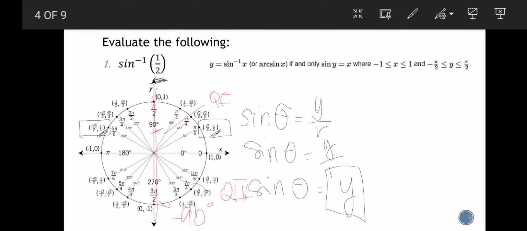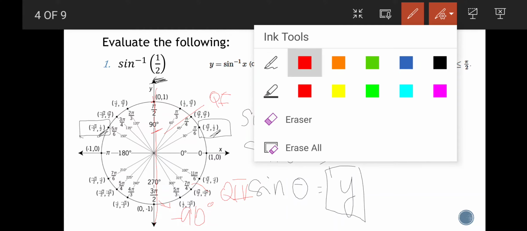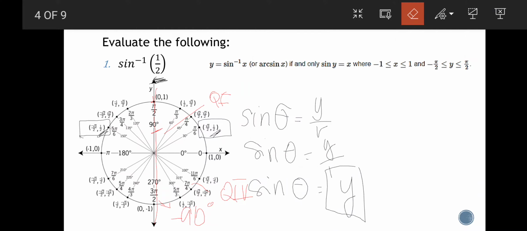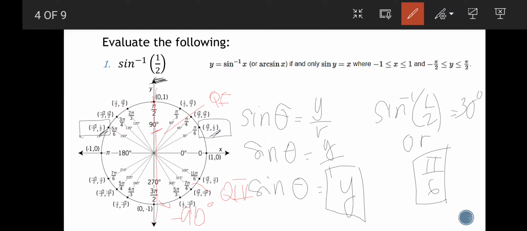Therefore, we can say that arcsine 1/2 is equal to 30 degrees, or that is equal to pi over 6. So our answer for number 1 is 30 degrees or pi over 6.